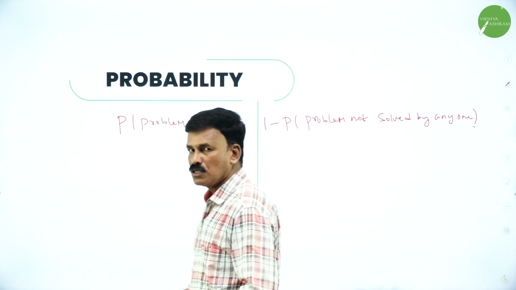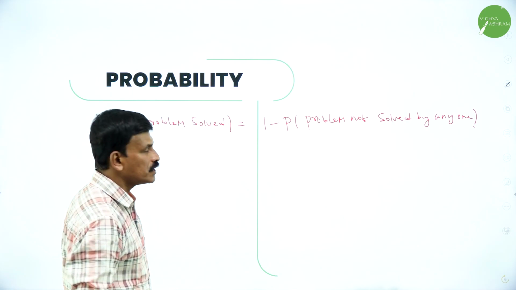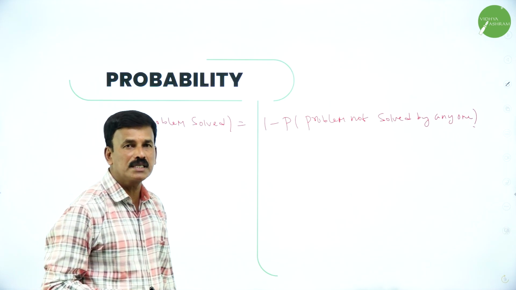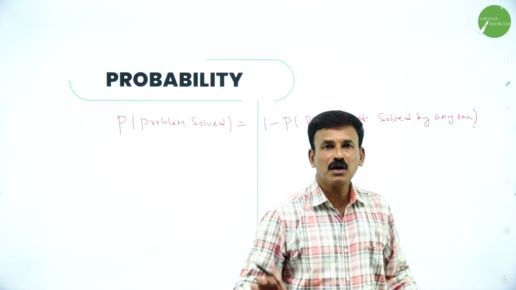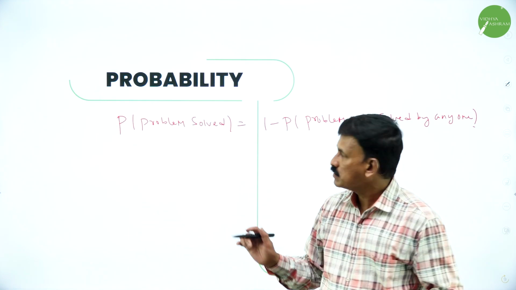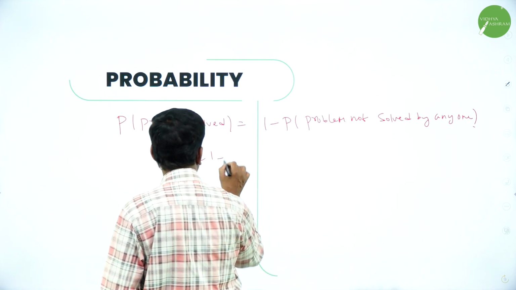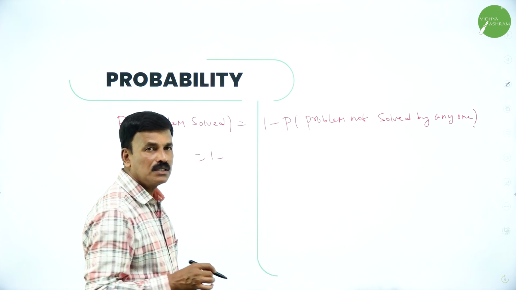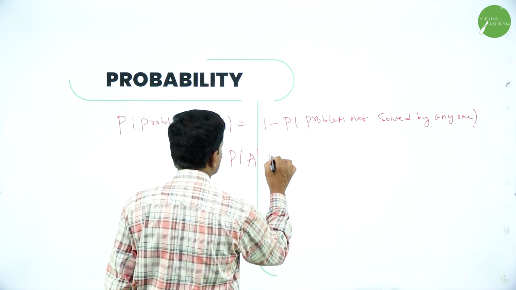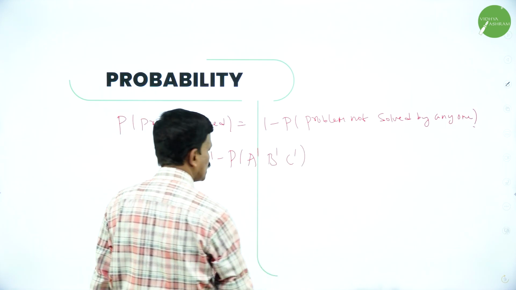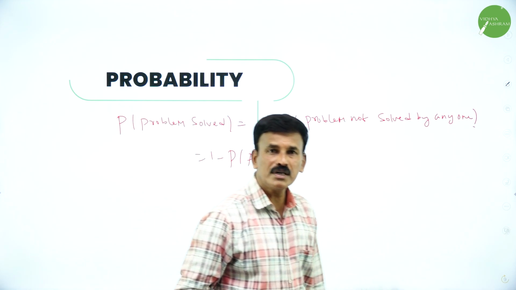That's the answer. The probability of the problem not solved by anyone is nothing but the probability of A dash, B dash and C dash. That's it. Now what is this equal to?